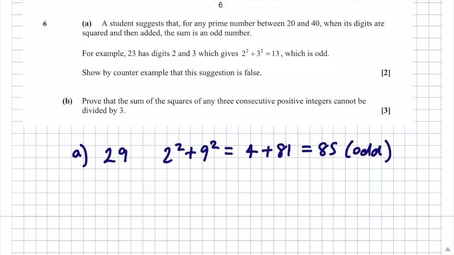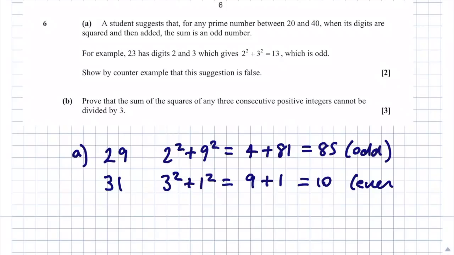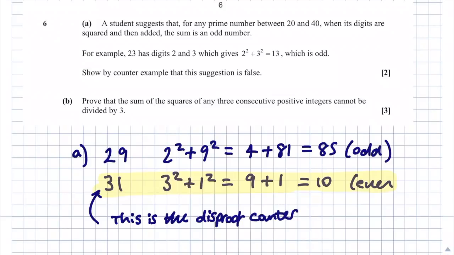The next prime number is 31, and that's 3 squared plus 1 squared, which is 9 plus 1, which is 10, and 10 is even. So this example here is the counterexample, the disproof.